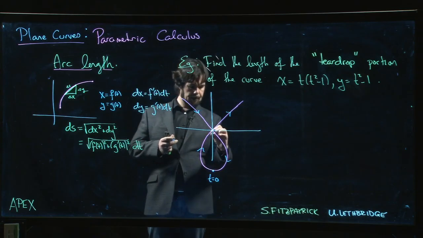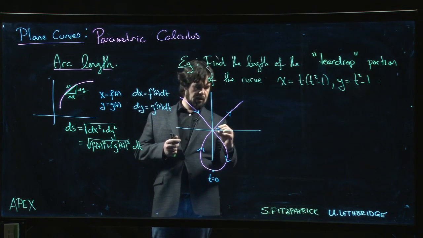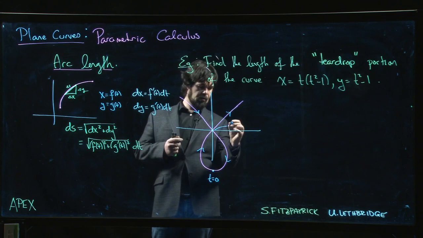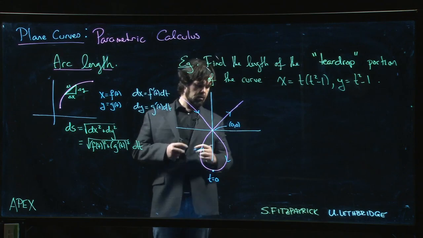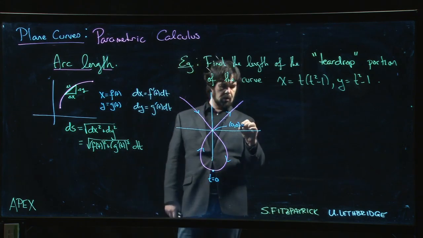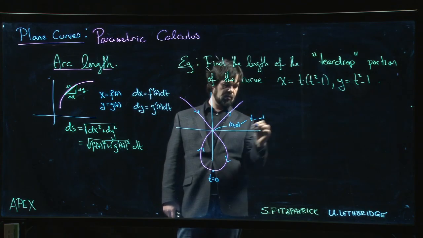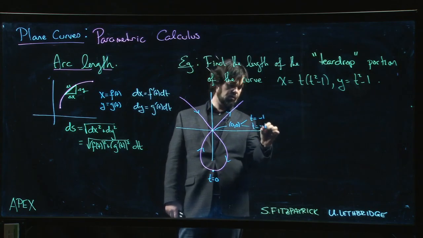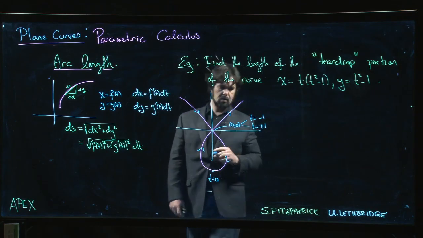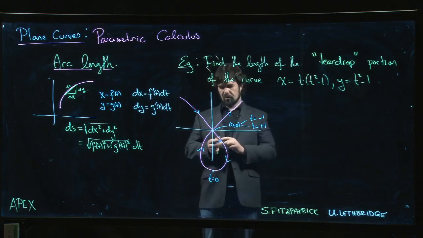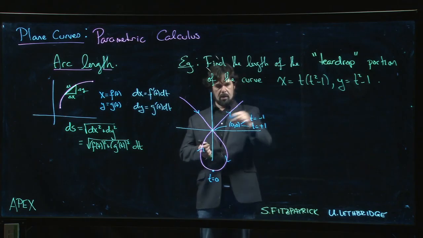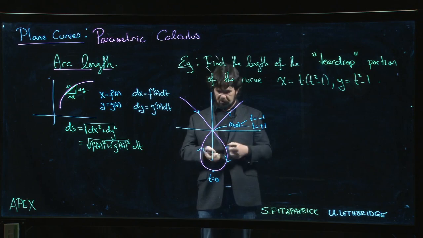And we know that that point in the middle, that 0, 0, corresponds to both t equals minus 1 and t equals plus 1. So if we're trying to get the length of the teardrop, we should go from minus 1 to 1.